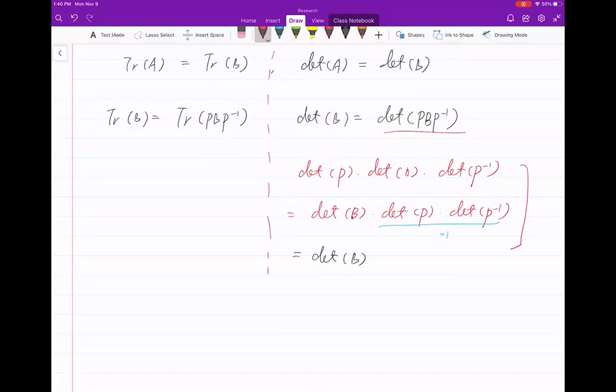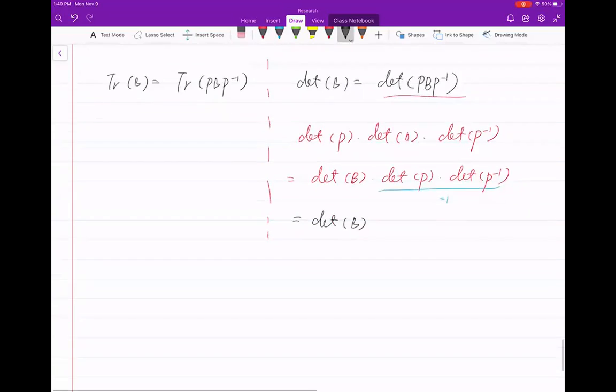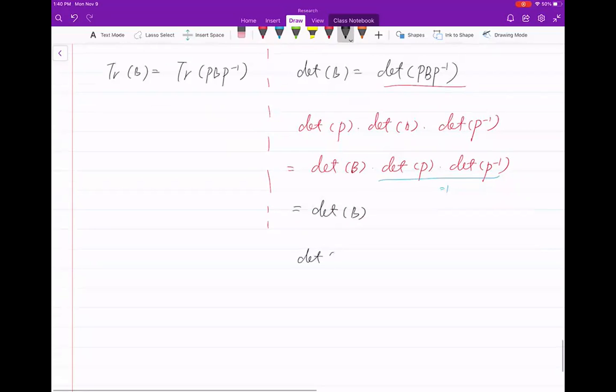Is every step clear here? For the determinant, we basically use the fact that the determinant of A times B equals the determinant of B times A. We use this fact.